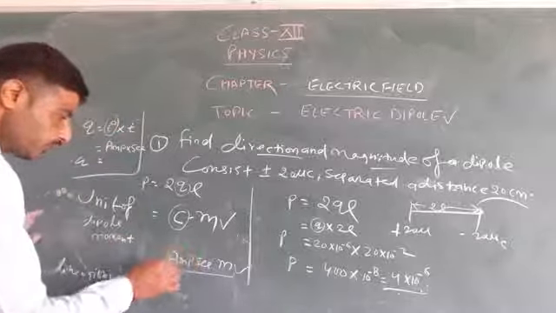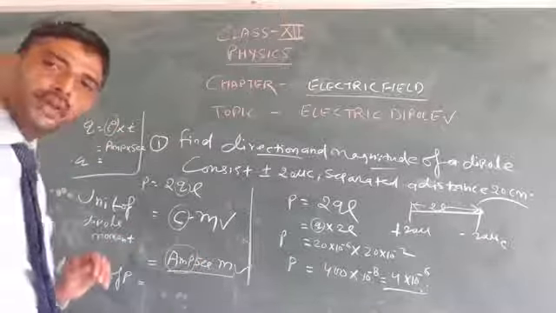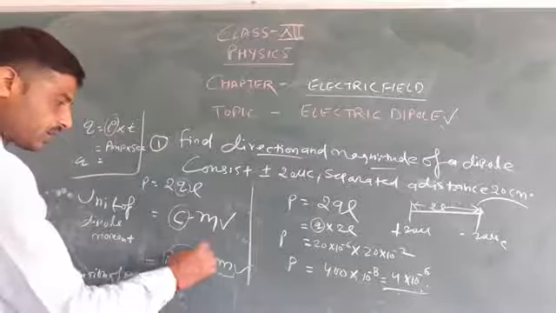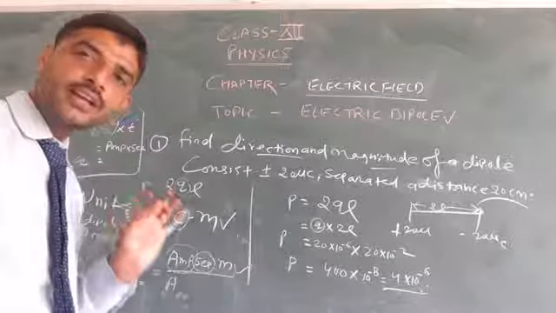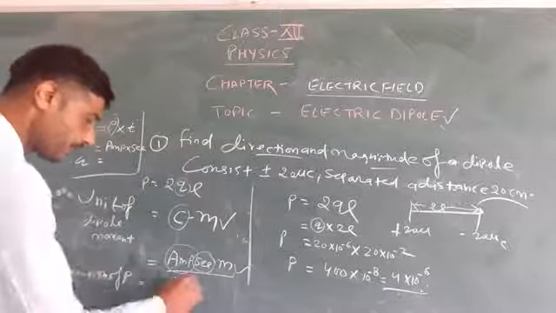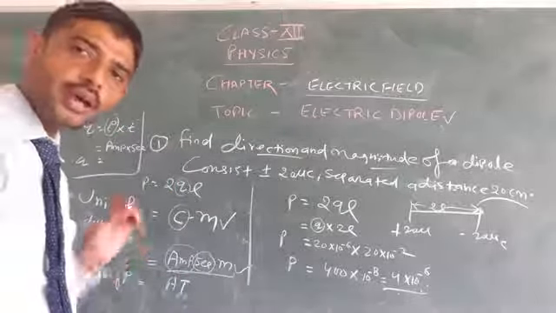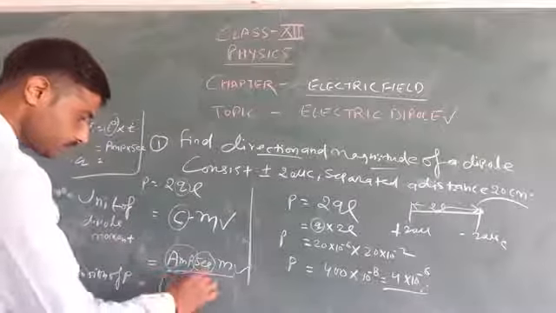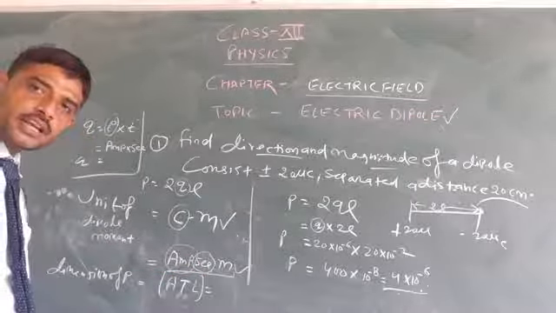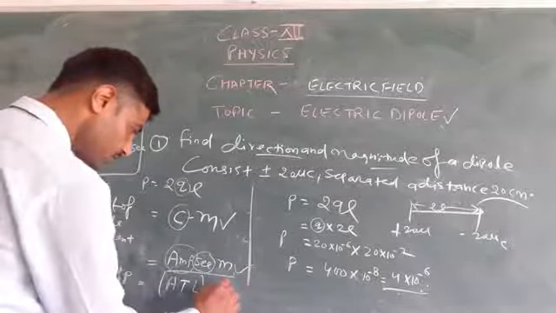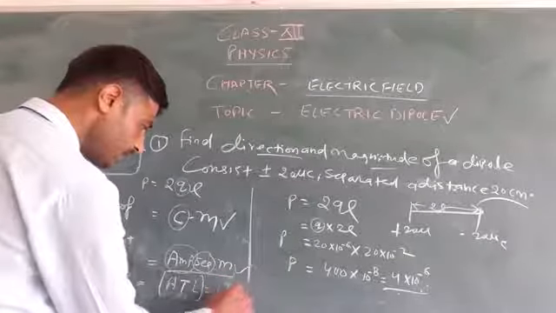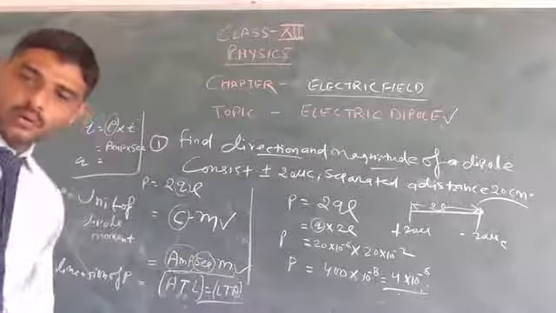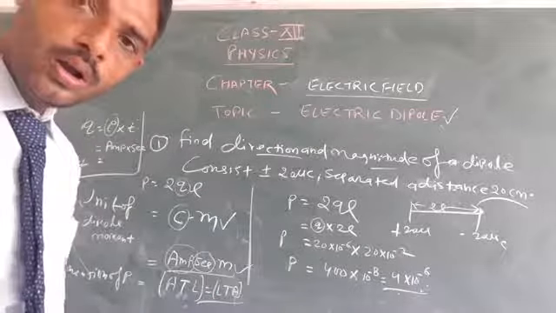You know the unit of ampere is A, the unit of second is T, and the unit of meter is L. So this is A T L, or in sequence you can write L T A. This is the dimension of electric dipole moment.